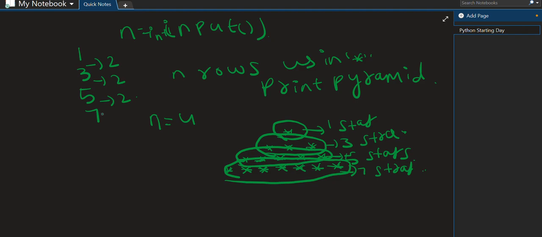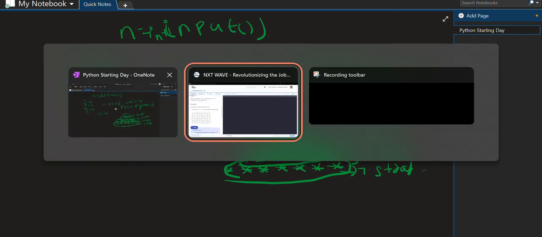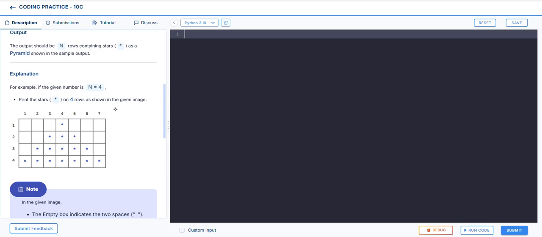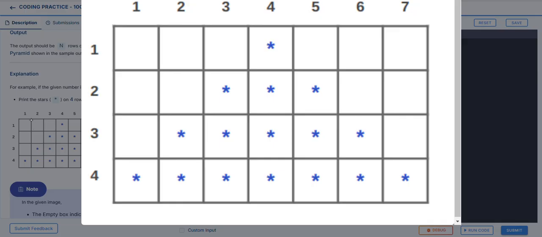And go to the problem statement. The space count would be 3, 2, 1 spaces. First there are 3 spaces and 1 star, then 2 spaces and 3 stars, then 1 space and 5 stars, and in the fourth line there will be no space and 7 stars.